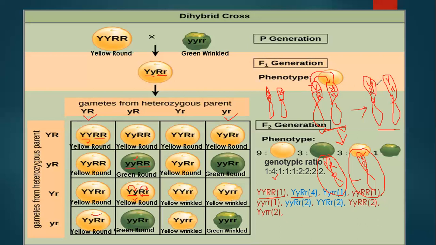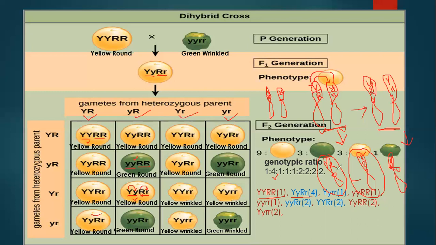Both will be exchanged. So after the crossing over has been done, again the gametes will be formed. Now what you have is small y and capital R, and in another gamete you will get capital Y and small r.